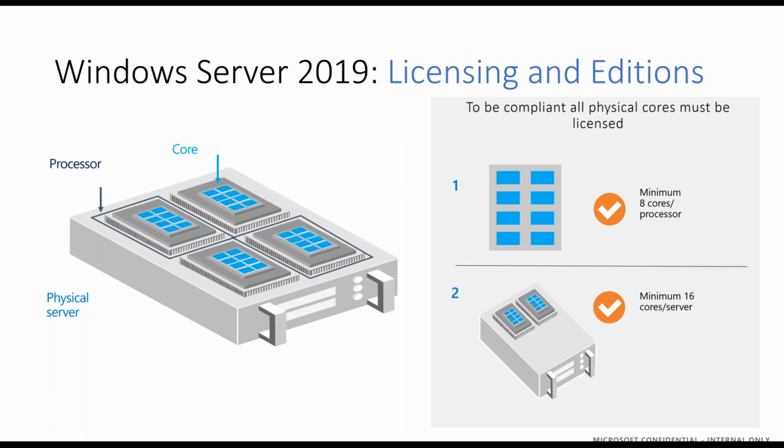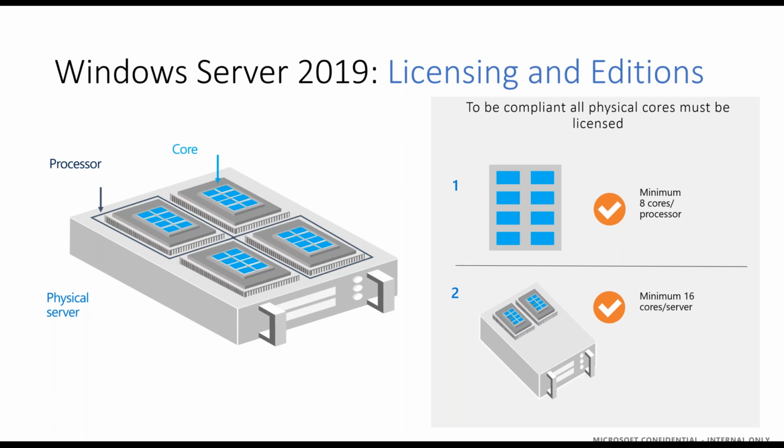So basically, to be compliant, all physical cores in the server need to be licensed, with a minimum of 8 cores per processor. In this case, on the left, we have 32 cores in the physical server.